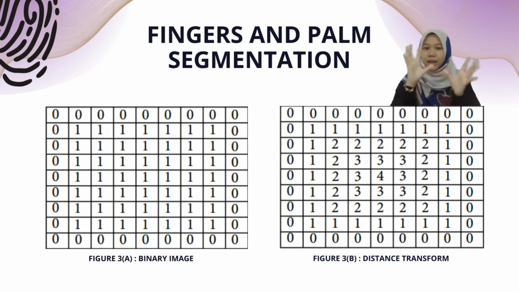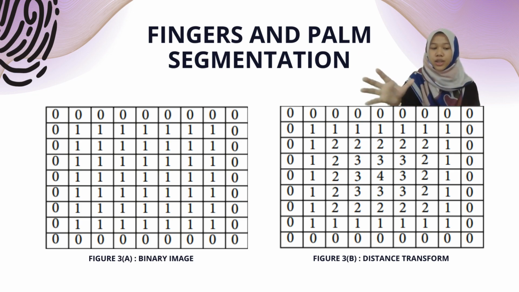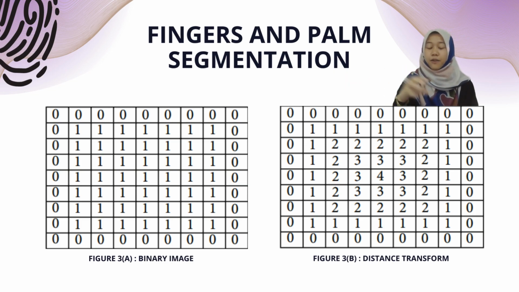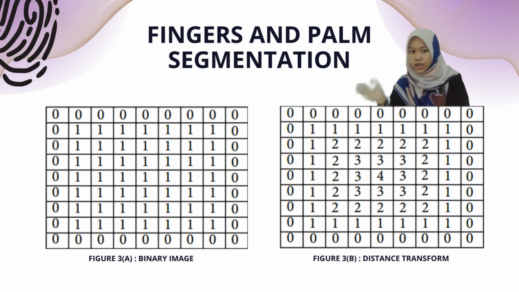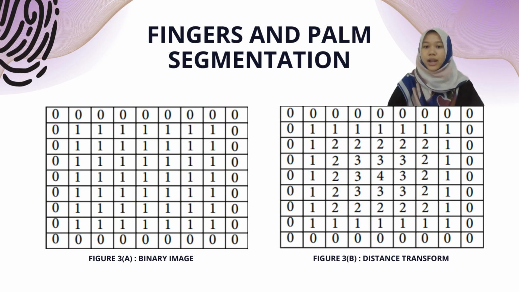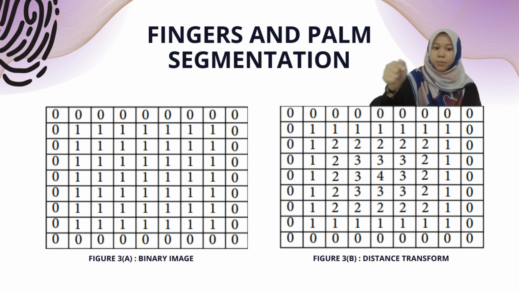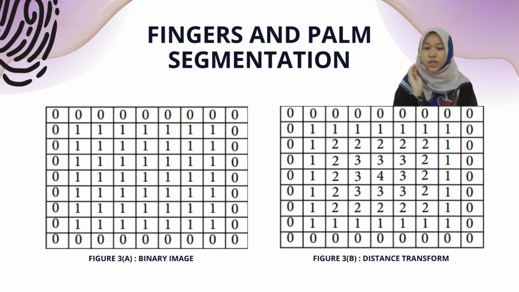As shown in figure 3B, after the distance transform it looks like 0, 1, 2, 3, 4. The center of the binary image has the largest distance, which is 4, and that will become our palm point.